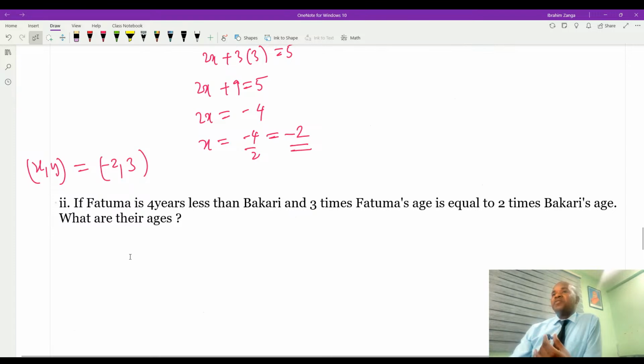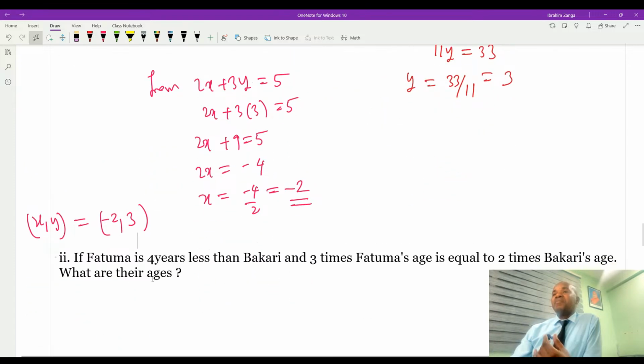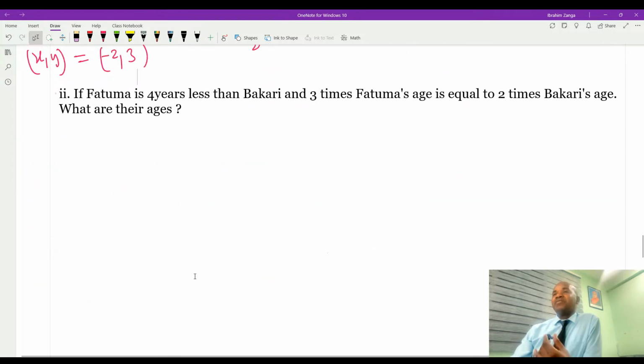And jump into question number 3b part 2, and this is going to be the last part for our today's session, dear students. If Fatuma is 4 years less than Bakari, and 3 times Fatuma's age is equal to 2 times Bakari's age, what are their ages? So you have Bakari and you have Fatuma. So Fatuma is 4 years less than Bakari.